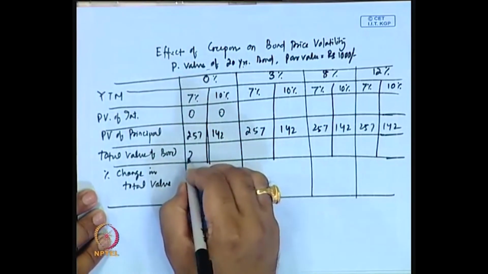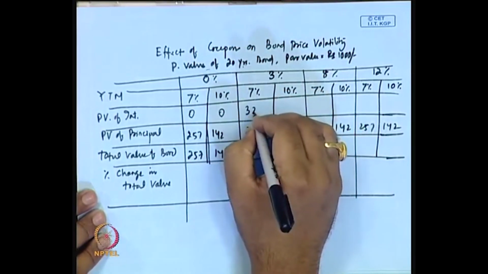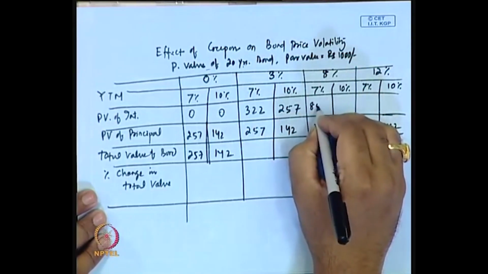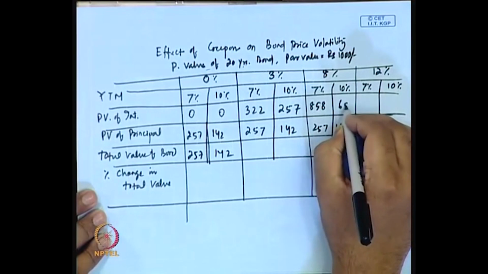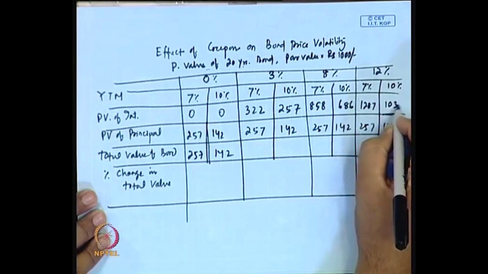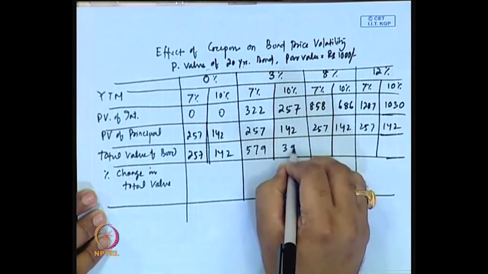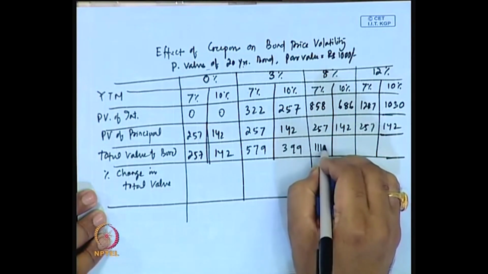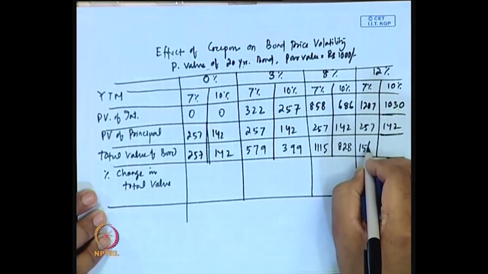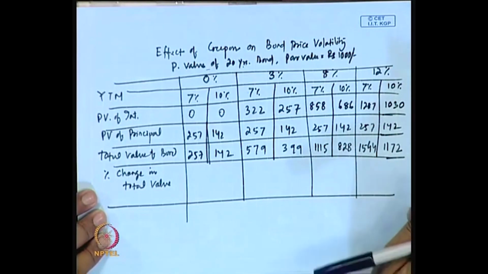So what is the total value? Here 257 and 142, but if you take a 3% coupon, the present value of interest will be 322 and the principal 257. This will be 858, this will be 686, it is 1287, this is 1030, this total is 579, 399, this is 1115, this is 828, this is 1544, this is 1172.